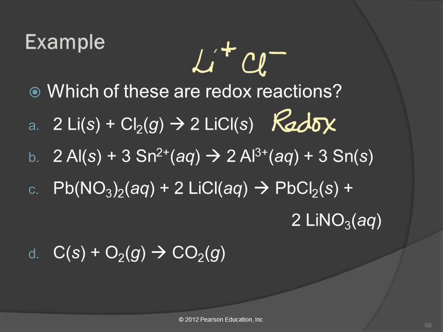Aluminum, the atom, has 13 protons and 13 electrons. Here, it's a +3 ion. That means it lost 3 electrons to become an ion. The way an atom becomes an ion is by gaining or losing electrons. So here we have an atom becoming an ion, and an ion becoming an atom. Is there a transfer of electrons there? Yes, thank you. Yes, there is. It's a redox reaction.